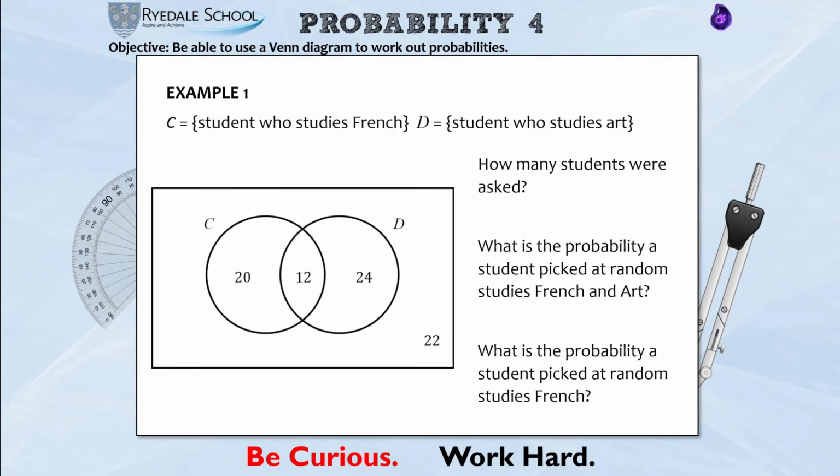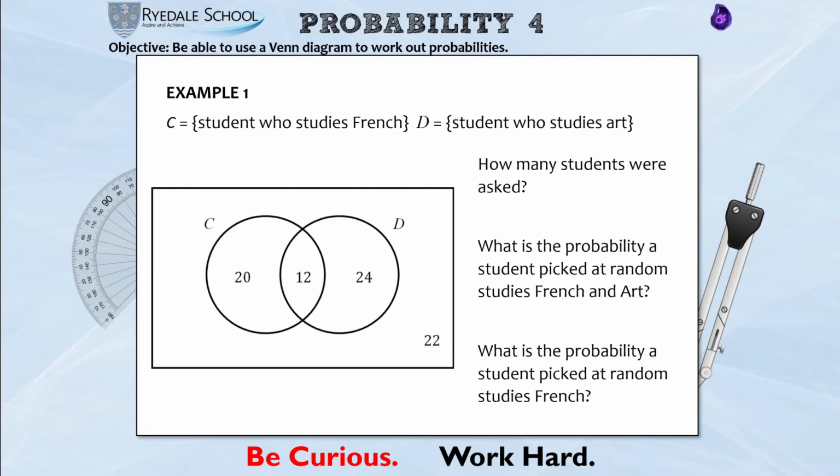Here is an example of a Venn diagram that has already been populated, which means the numbers have been placed into it. C represents the students that have studied French and D represents the students that have studied art.